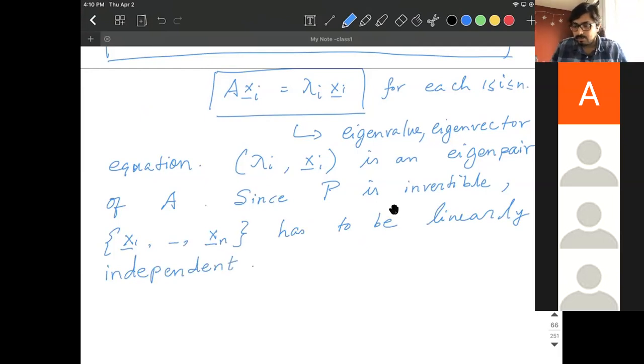Otherwise, if this set is not linearly independent, then there is a non-trivial linear combination. These are things which we have done in vector spaces. That non-trivial linear combination would give you a non-trivial solution, so it cannot be linearly independent. P being invertible means that this set has to be linearly independent.